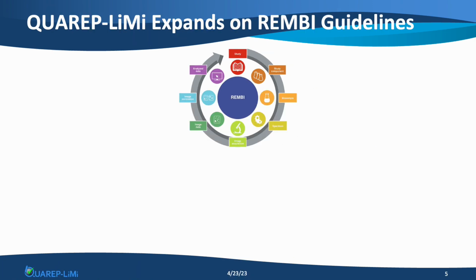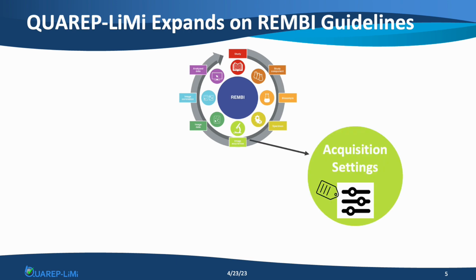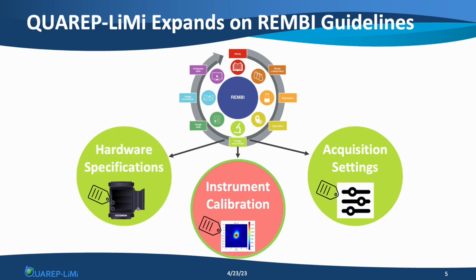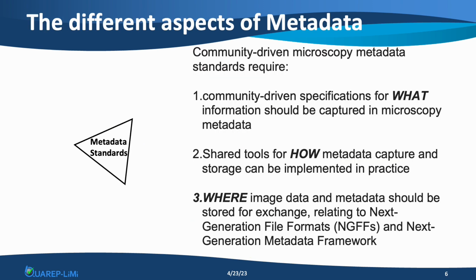QUAREP-LiMi expands on these REMBI guidelines, specifically on the image acquisition details, by including information like acquisition settings, instrument calibration, and hardware specifications.